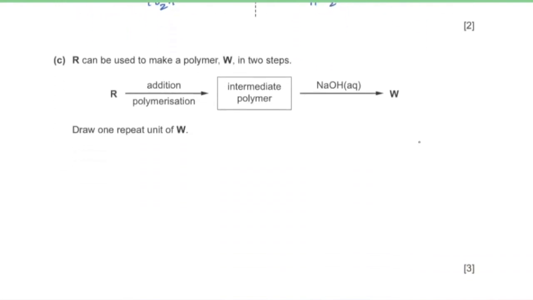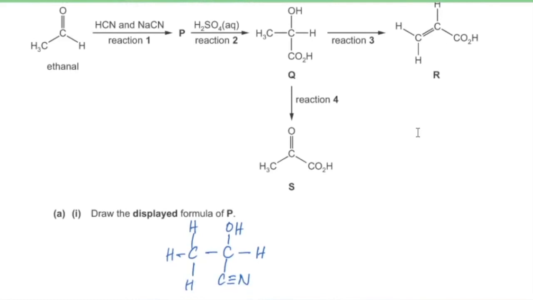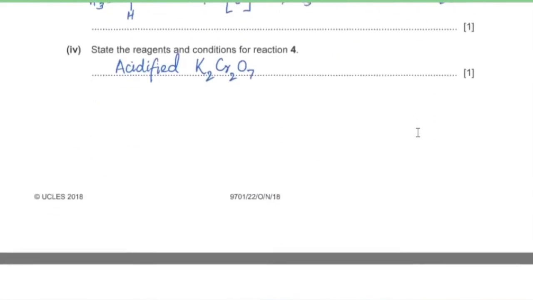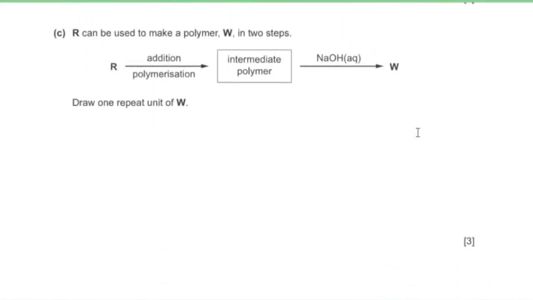Part C, R can be used to make a polymer W in two steps. Draw one unit of W. So R is an unsaturated molecule with a carboxylic acid group. So C=C double bond, H and H, OH, COOH. When this undergoes addition polymerization, this will turn into a C-C single bond, and this will form two new single bonds.